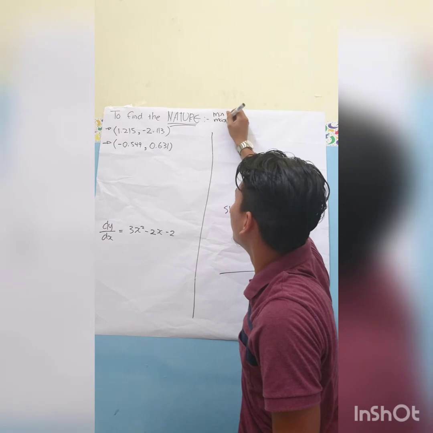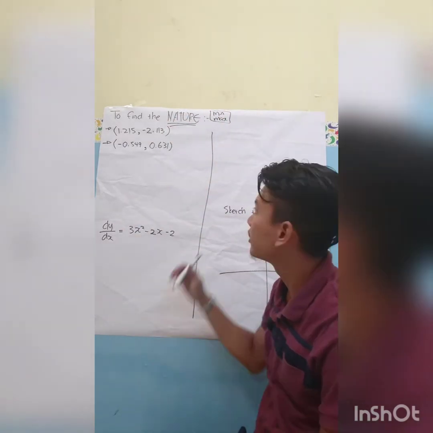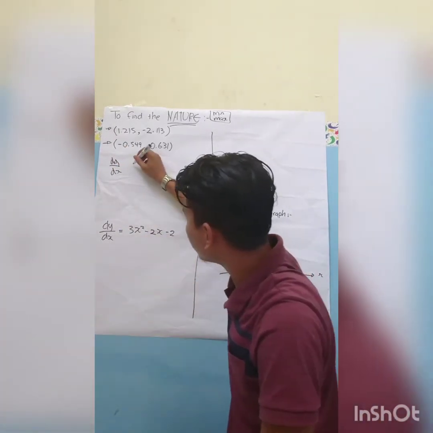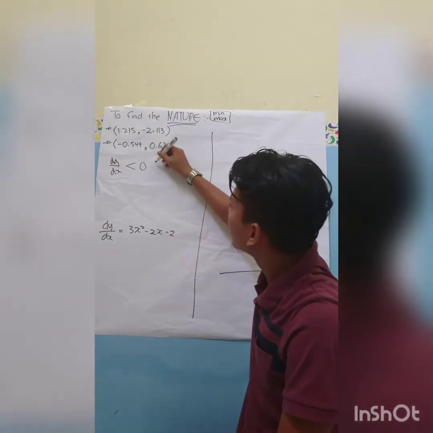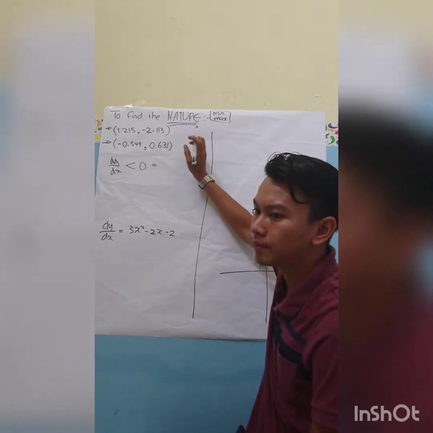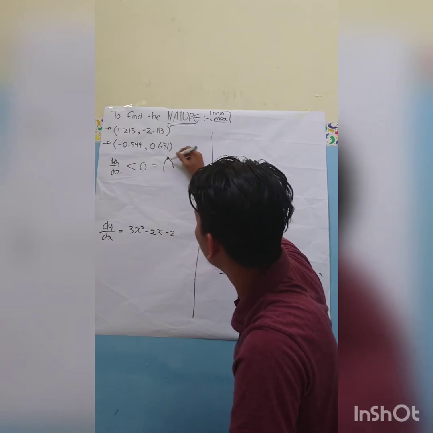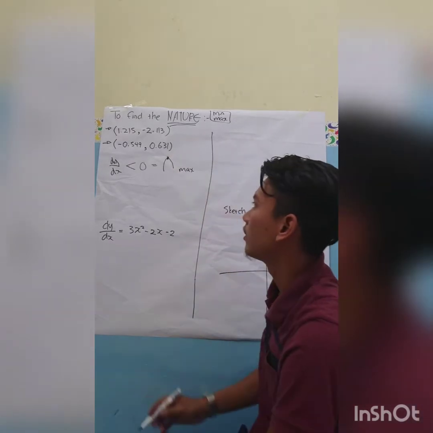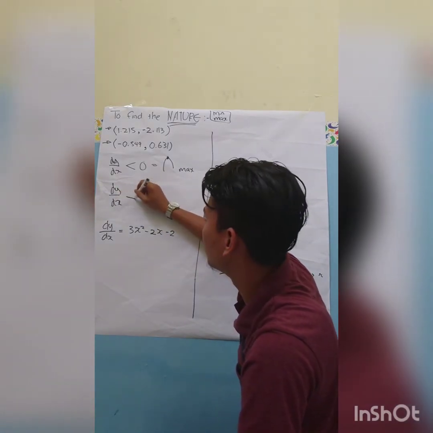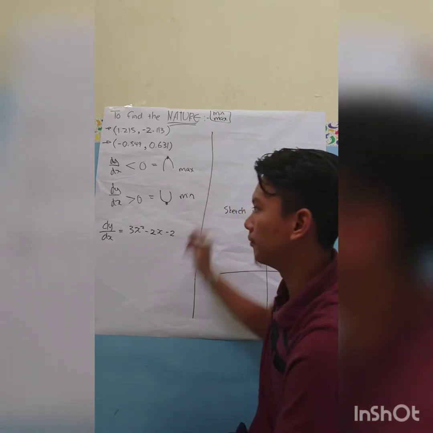Before we do the next step, we must know that if dy over dx is smaller than 0, it's the maximum point, which is a graph like this. If dy over dx is bigger than 0, the graph is like this. This is the minimum point.